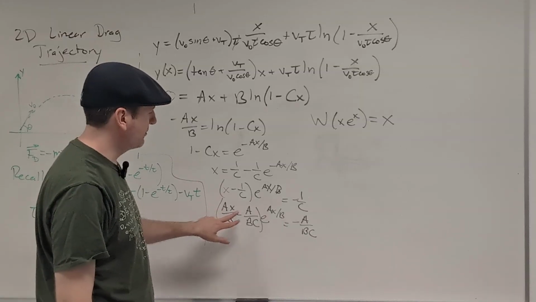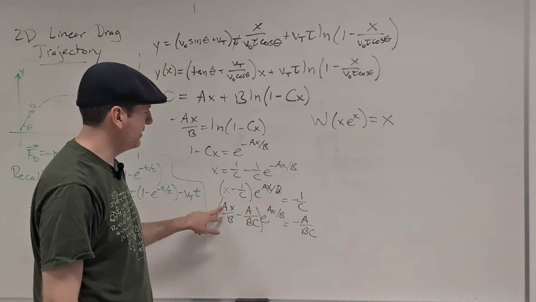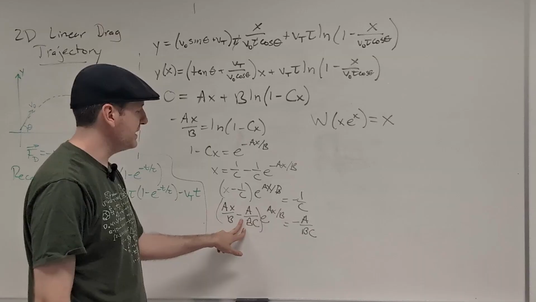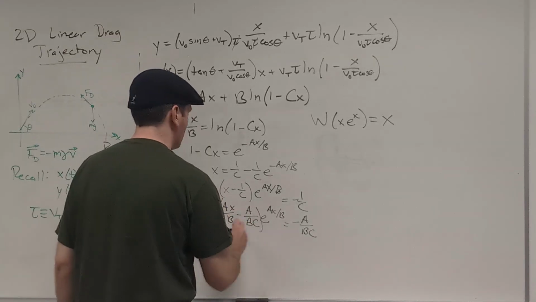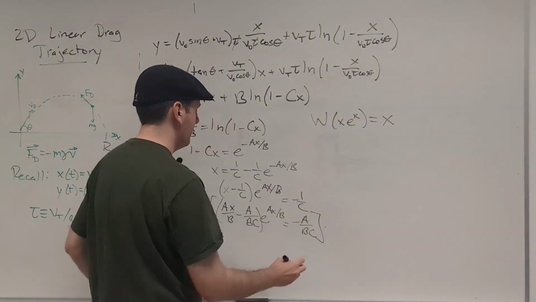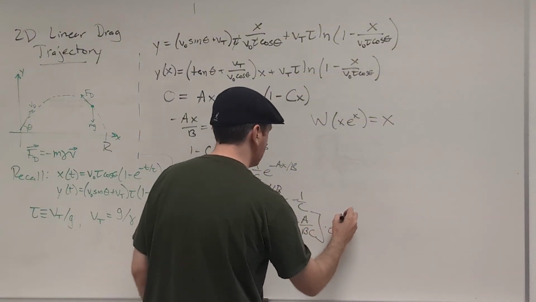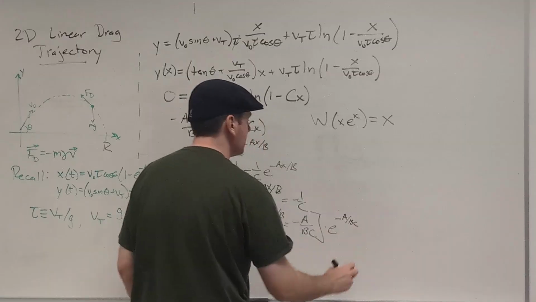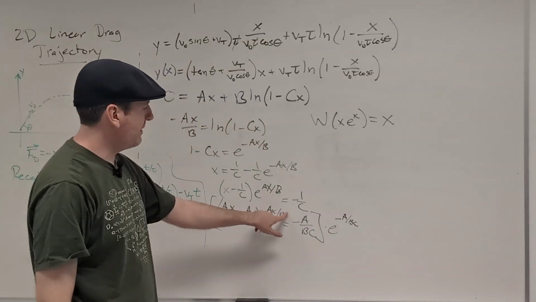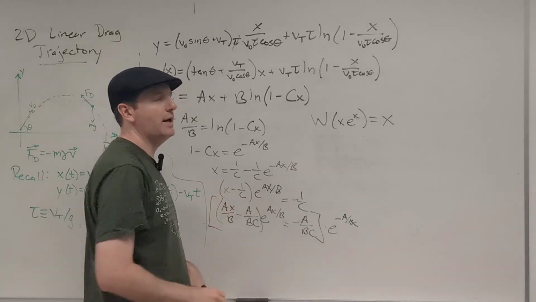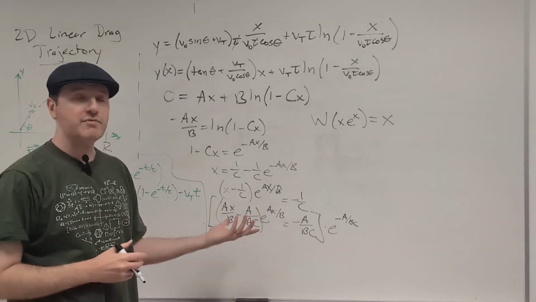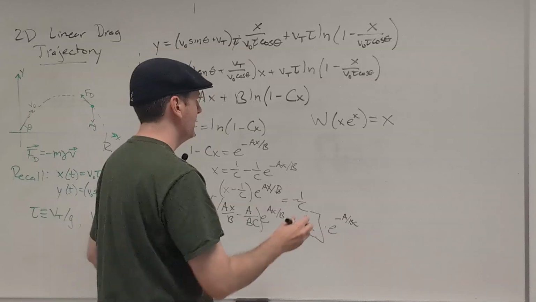I've got the ax over b upstairs and downstairs. I just need this extra piece. But that's a constant, so it's totally fine if I multiply this whole thing by e to the minus a over bc. Doing so will put a minus a over bc up into the exponent here, and now my exponent and my prefactor will exactly match.